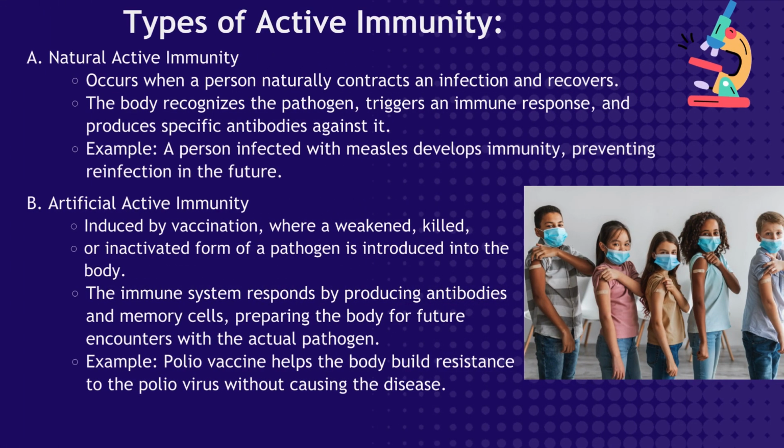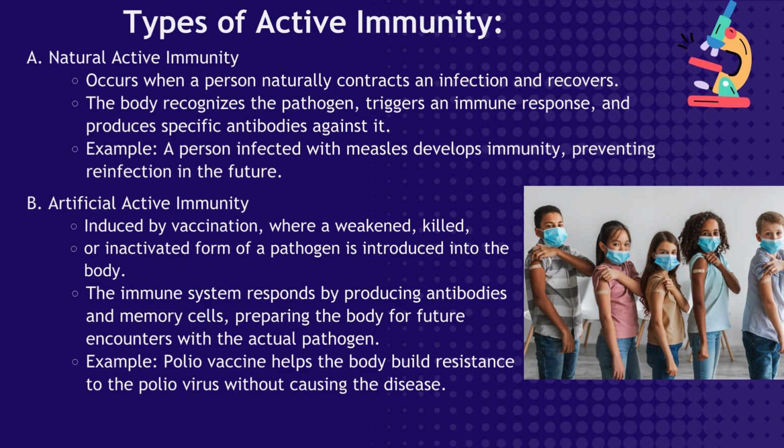Types of active immunity. Natural active immunity occurs when a person naturally contracts an infection and recovers. The body recognizes the pathogen, triggers an immune response, and produces specific antibodies against it. Example: a person infected with measles develops immunity, preventing reinfection in the future.